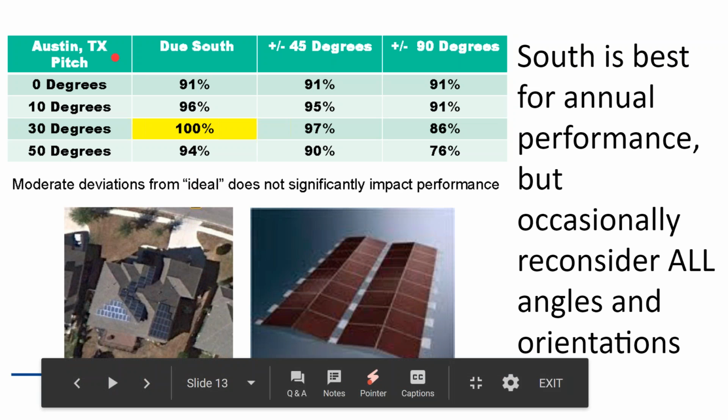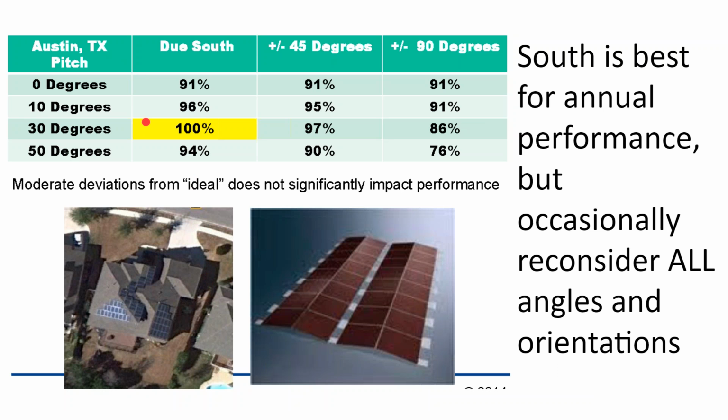In this example, we take Austin, Texas, where the ideal orientation of the array that will produce the most energy for a fixed-in-place solar module year-round is due south. And then the tilt is tilted up to your line of latitude. Austin, Texas is around a 30-degree line of latitude. So the ideal tilt angle for Austin, Texas is 30 degrees facing due south.